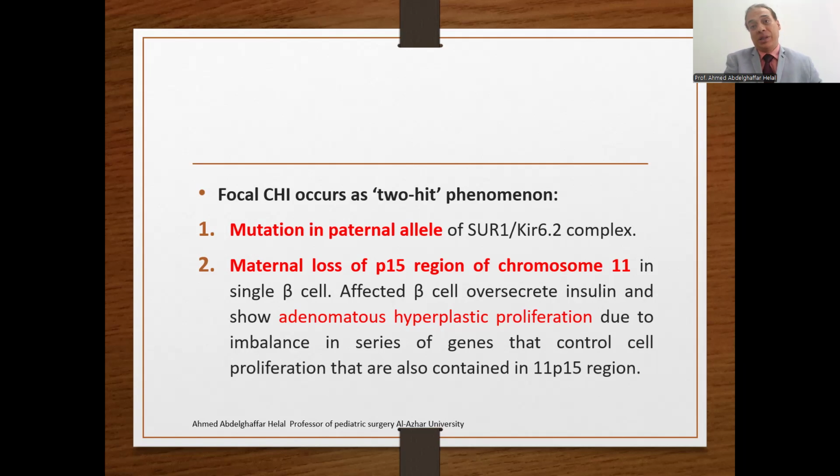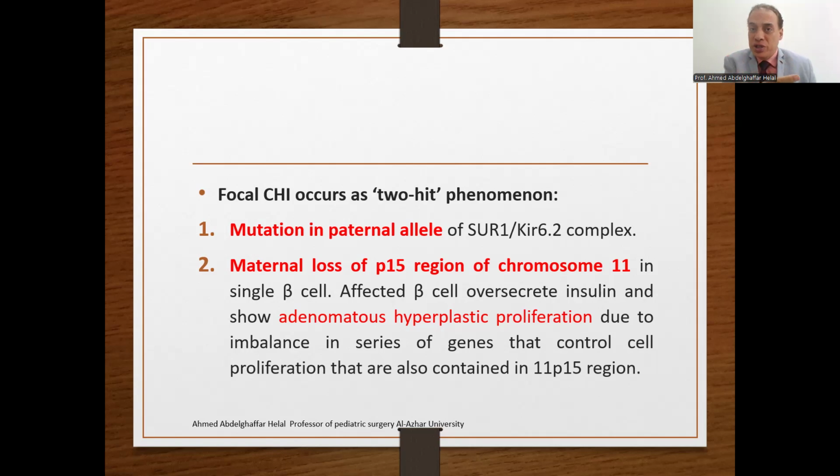So here, the beta cells will oversecrete insulin as we discussed, plus they will show adenomatous hyperplastic proliferation due to imbalance in the genes that control cell proliferation, which are also contained in this lost segment. So imagine that in focal congenital hyperinsulinism, it may be due to a mutation in the genes from the father responsible for the function of the potassium ATP channel, or maybe the whole segment p15 in chromosome 11 in the mother is lost.